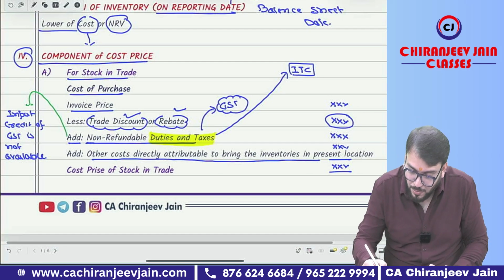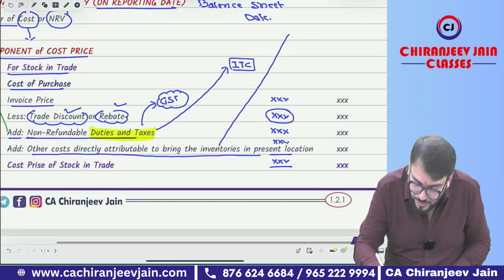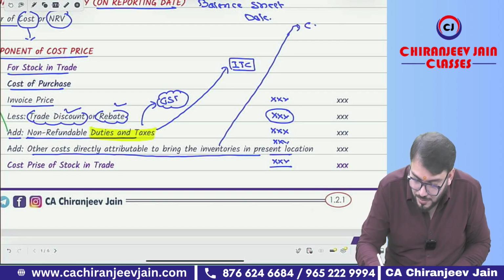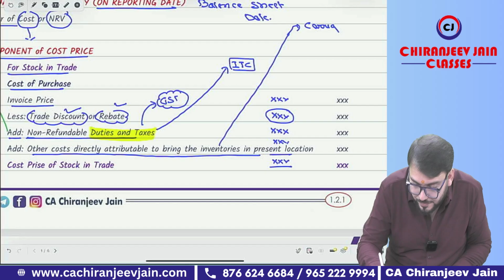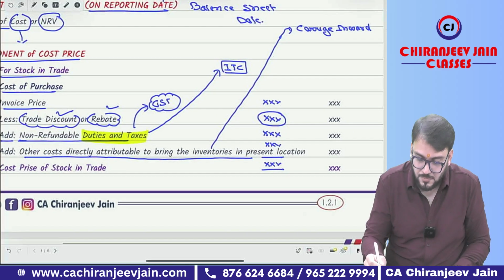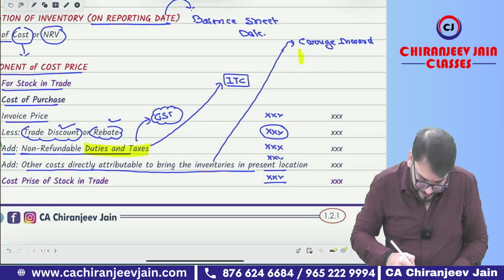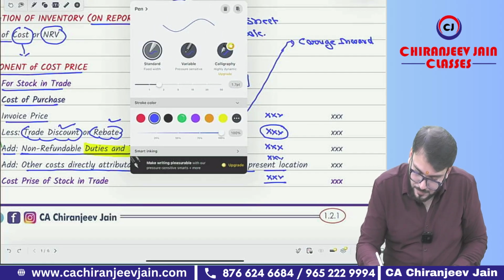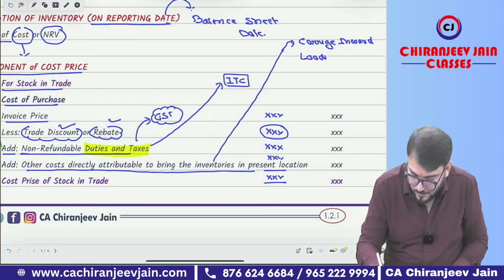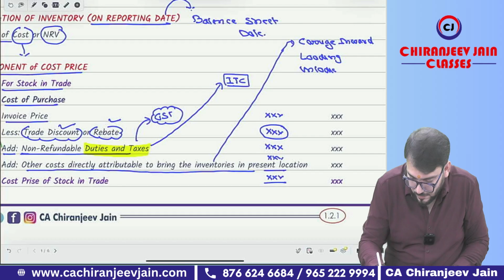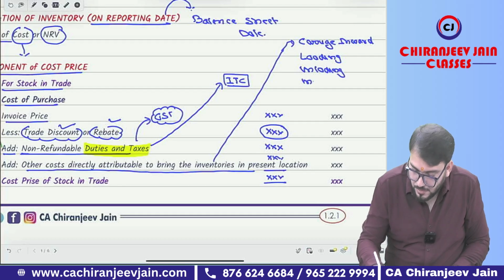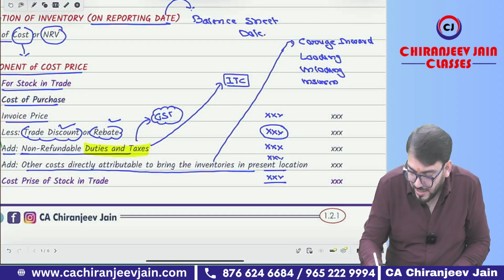If you want to write down, can you write down examples of this? Carriage inward, loading and unloading charges, insurance in transit.